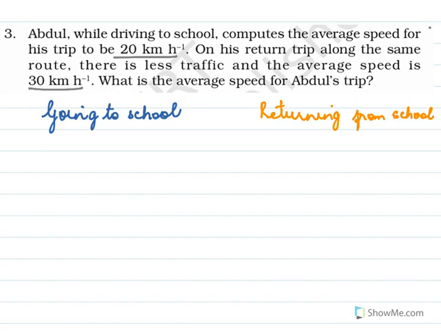Now in both cases, the distance will be the same. The distance between the home and the school remains the same, and the distance is not given to us. So we'll take the distance from home to school as x kilometer. The distance returning back too, he takes the same route, so it will be x kilometer.